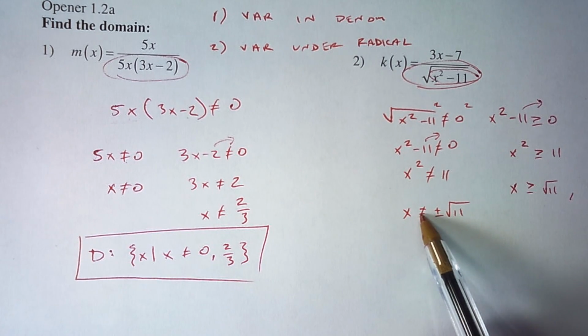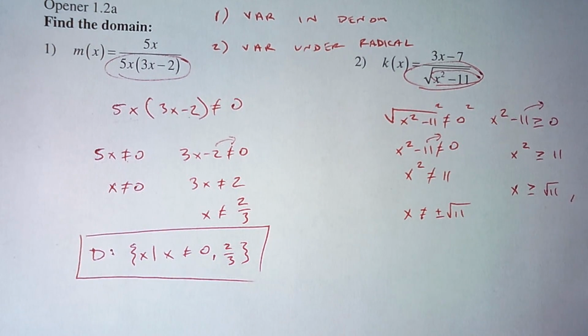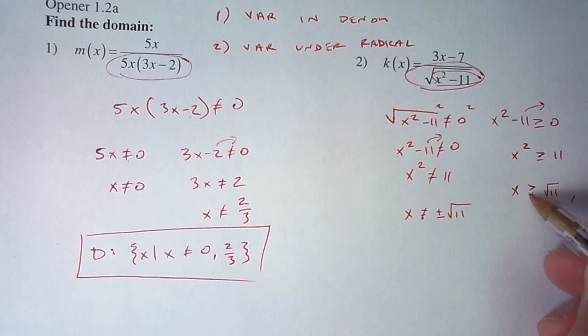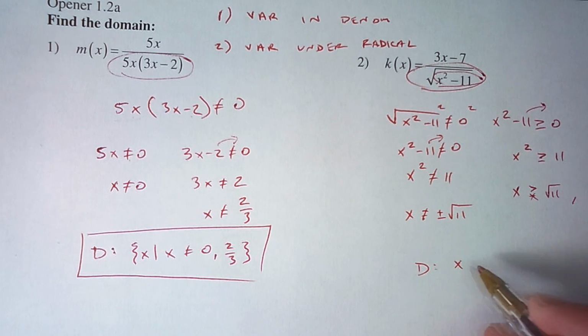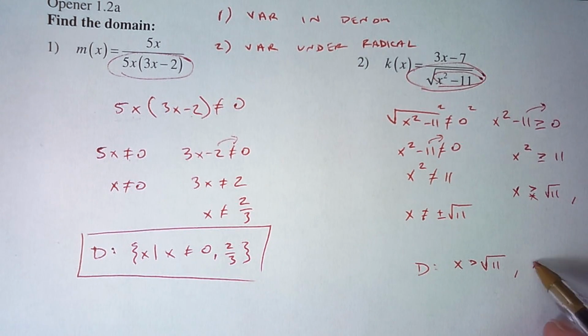Except here it says it cannot equal either of those. So I actually am not going to be able to keep that or equal to. Okay, so the domain is that x's are greater than the square root of 11 and x's that are less than the opposite of the square root of 11.